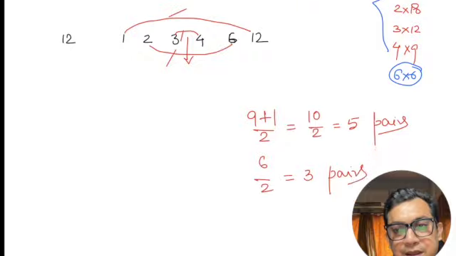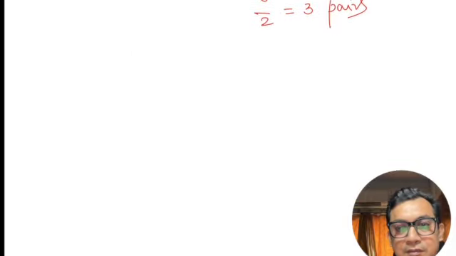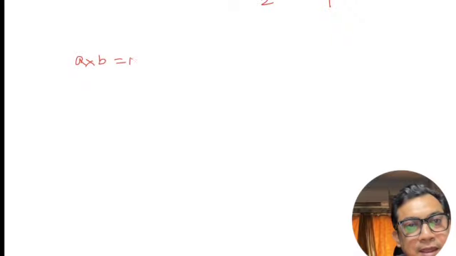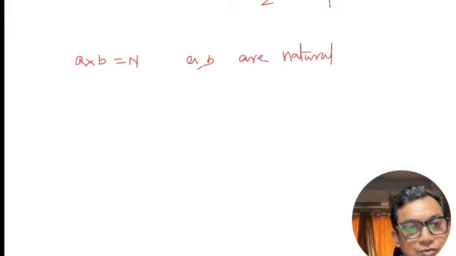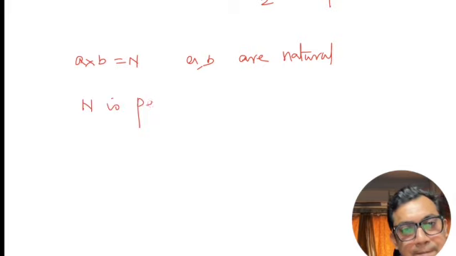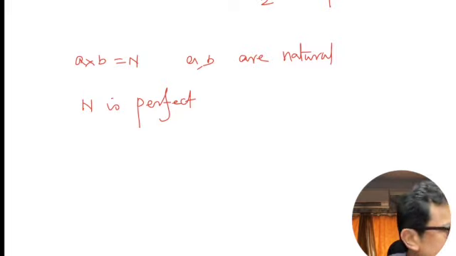So what I can do here, I've got a formula. If the question is how many ways the product of two numbers is n, and A, B are natural numbers, so if n is a perfect square, then we have a different answer.